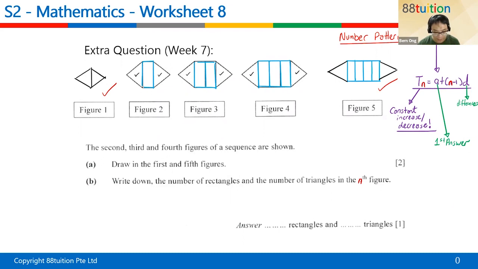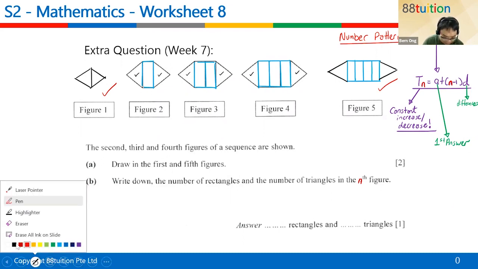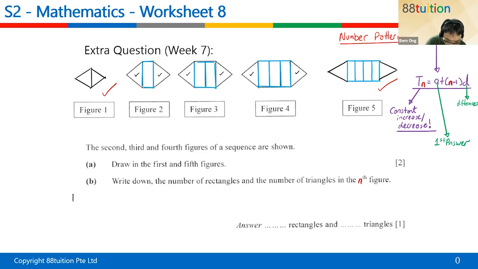So let's take a look at the triangle first. Figure 1, there are 2 triangles. Figure 2, there are 2 triangles. Figure 3, sorry, 2 triangles. Figure 4, there are 2 triangles. Sure, this is not much of a pattern.